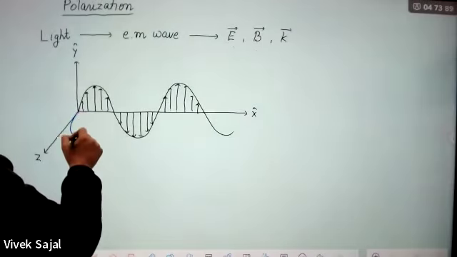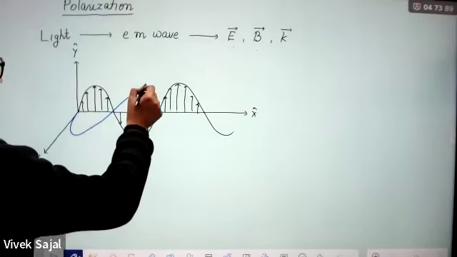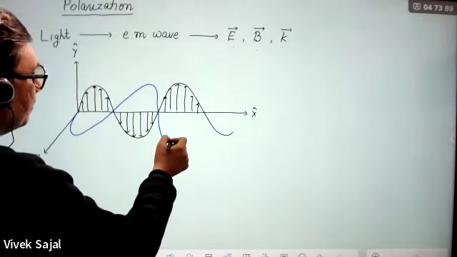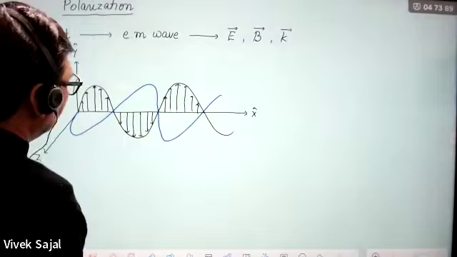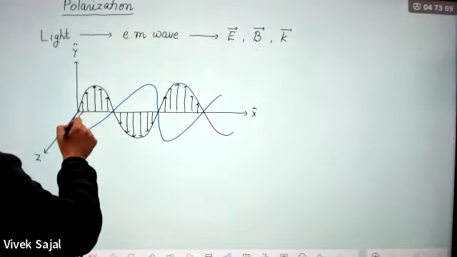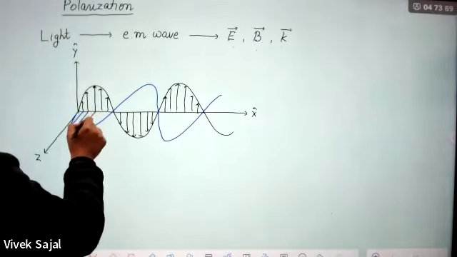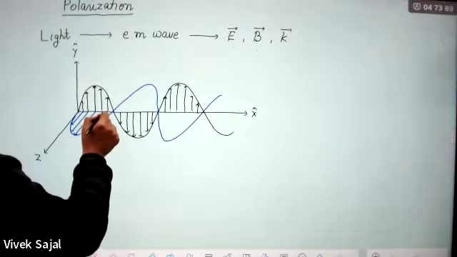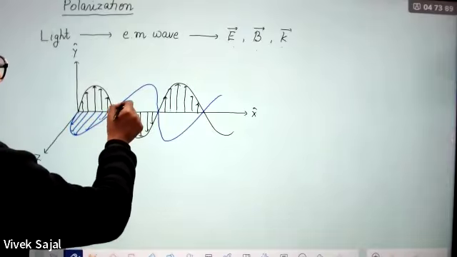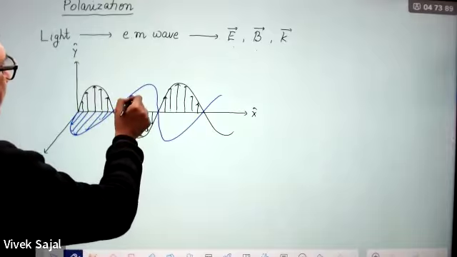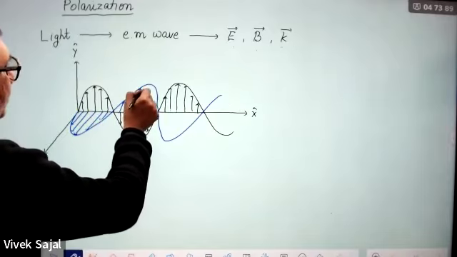The magnetic vector will be something like this. So this will be the magnetic vector here.